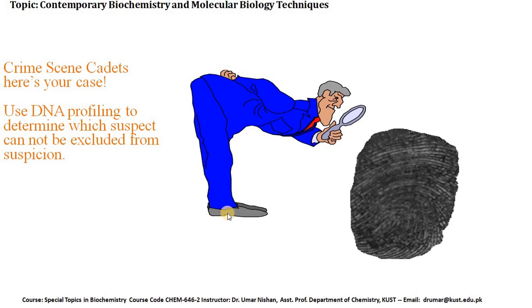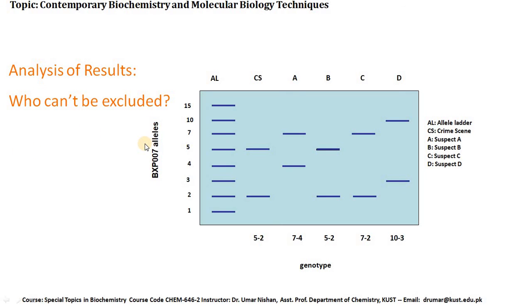So here is a case study where crime scene cadets are studying the crime scene in this cartoon, and they try to use DNA profiling to determine which suspect cannot be excluded from suspicion. This is the gel which was run after collecting any of the samples that we discussed.